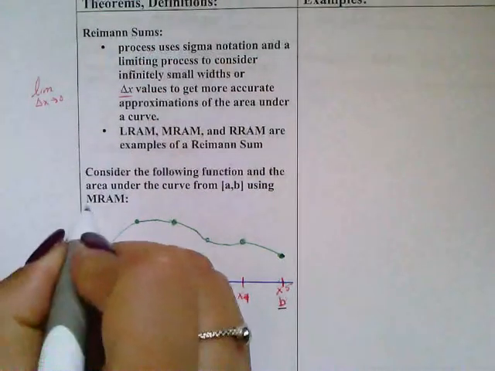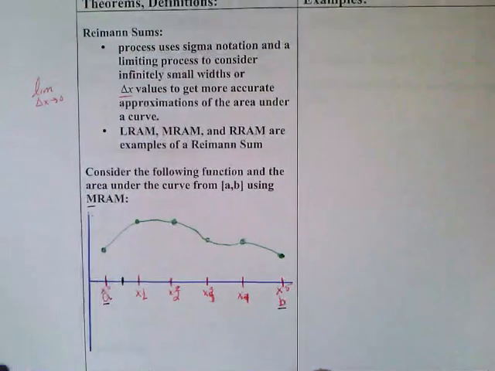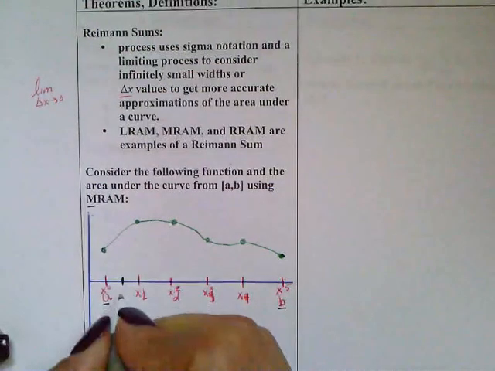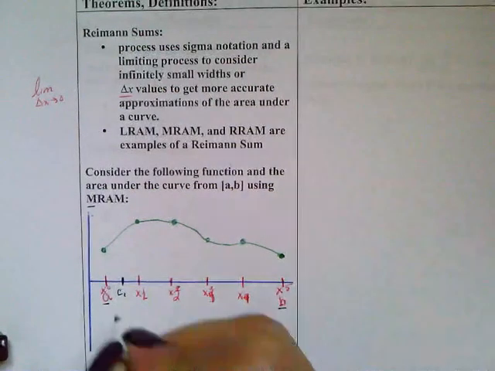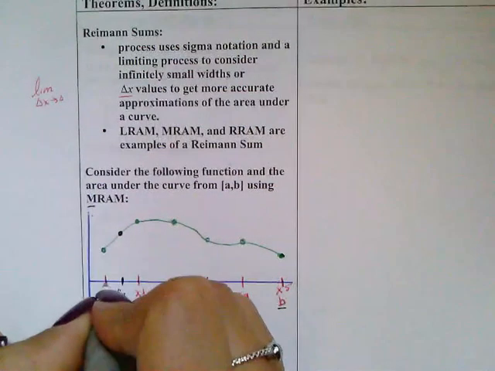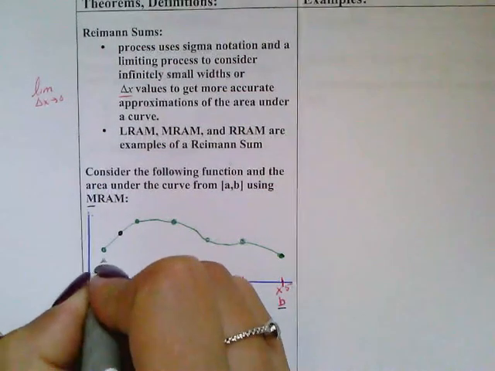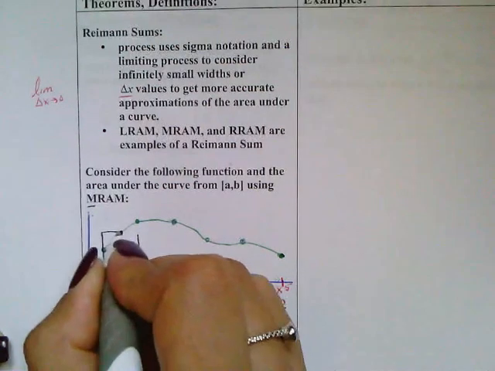And since we're doing MRAM, in between each interval, I'm going to go to the center, and I'm going to call that C1. I'm going to go up on C1, and then I'm going to make my rectangle for those 2 subintervals.